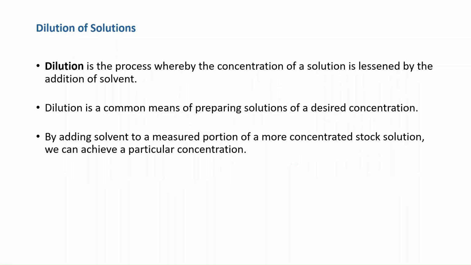Now sometimes you do dilutions. You lower the concentration of a solution by adding more solvent. Okay? That's a very common way of preparing something of desired concentration. If you go to a lab, you don't have every possible solution of every possible concentration. It doesn't make any sense.